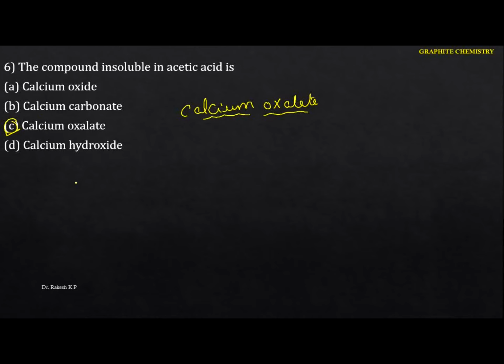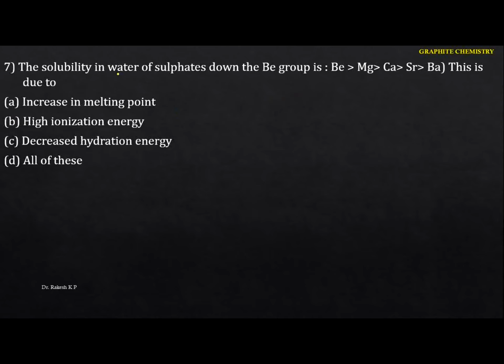So next one. The solubility in water of sulfates down the beryllium group is, okay, this is due to the, so now we have to identify what exactly the solubility of the sulfates down the group is. So just identify why the solubility in water of sulfates changes down the group. What is the main reason in this one?